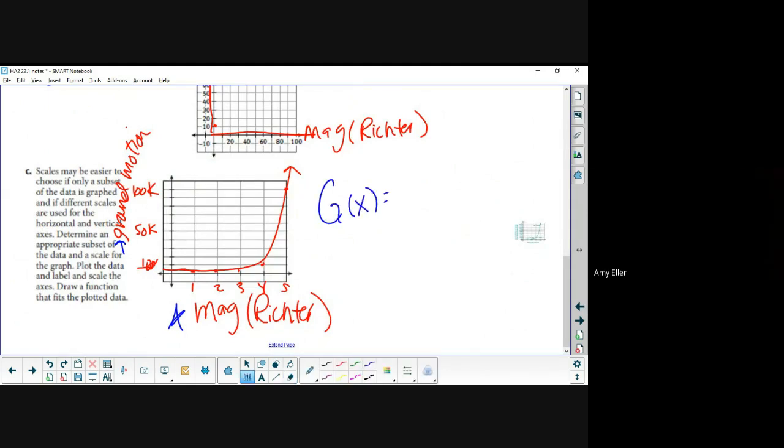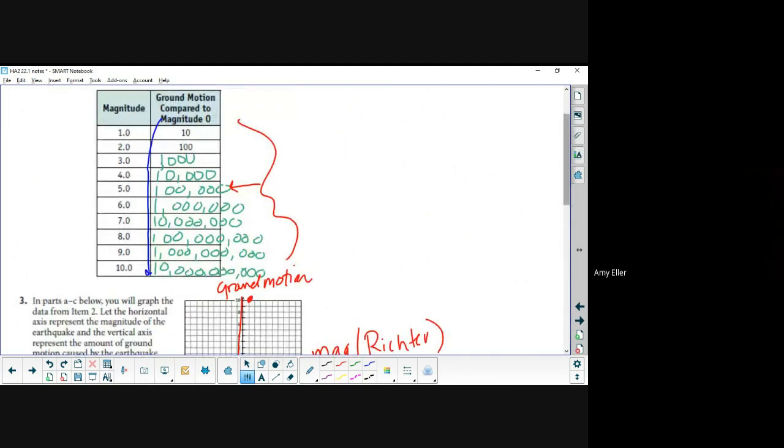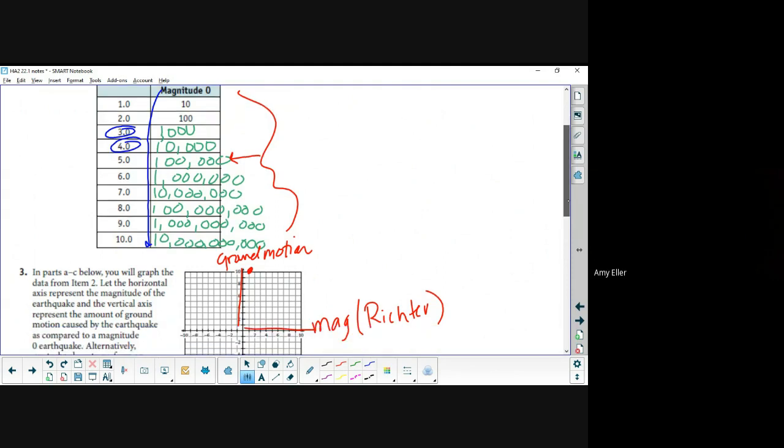Now stay here, so I want you to write an equation if you can. Try to write an equation that would result in this graph, which came from this table. So I need a function, so if I plug in 3, I get 1,000. A function, so if I plug in 4, I get 10,000.